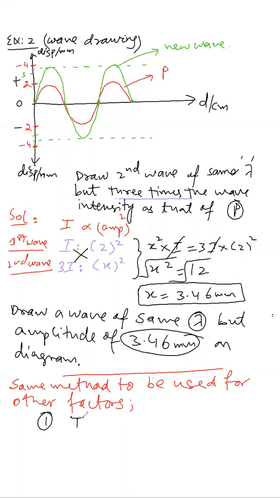Once again, I'm telling you this: intensity is proportional to frequency square, and intensity is inversely proportional to distance covered by the wave. So in case you encounter a question on this, on frequency or distance moved, then you have to use the same procedure I have used in the first two examples to sort out the new displacement. Okay, so we are good with intensity now.